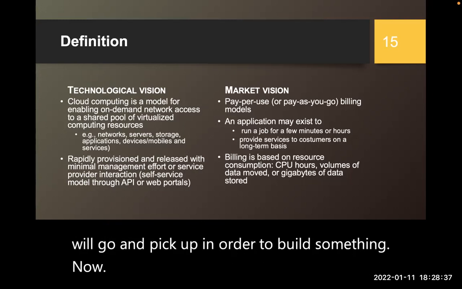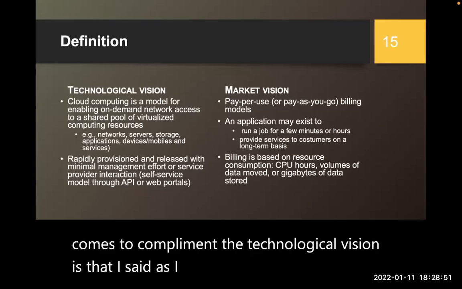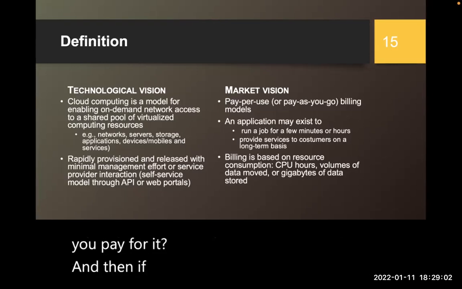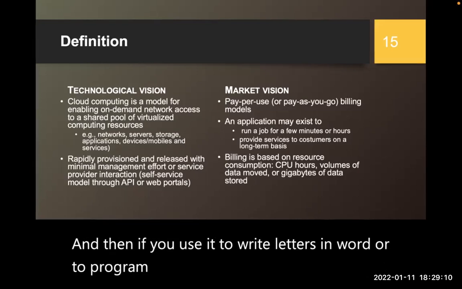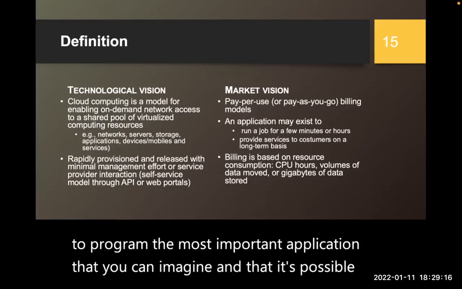Now, how do I get access to it? The market vision comes to complement the technological vision: as I said, it's a pay-per-use model. What does it mean? When you buy a computer, you pay for it. And then if you use it to write letters in Word or to program the most important application that you can imagine, it doesn't matter.